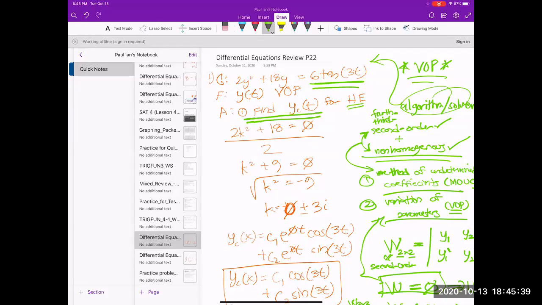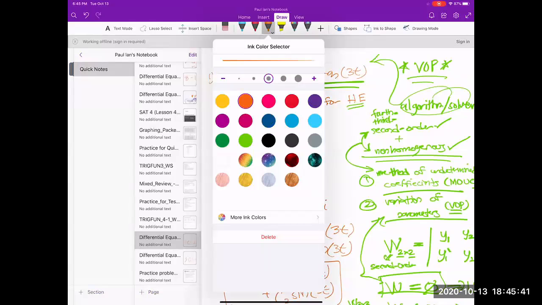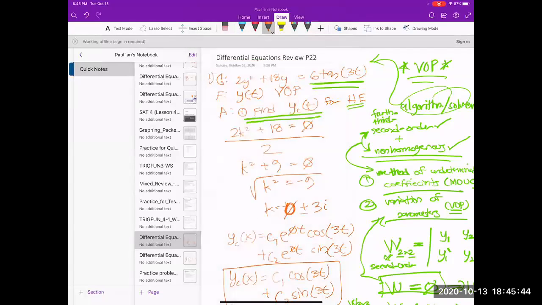Okay, let's write the problem first. I'll just write over it. This one is 2y triple prime plus 18y prime, y double prime, 2y double prime, 6 tan 3t.